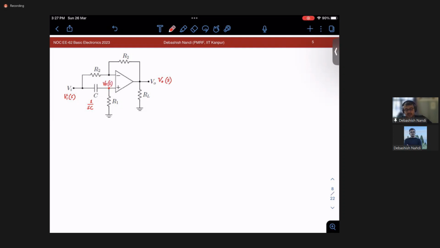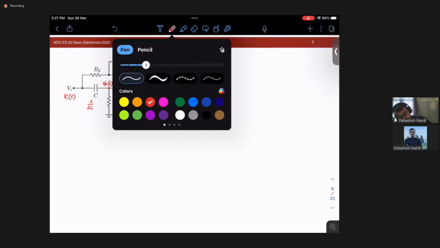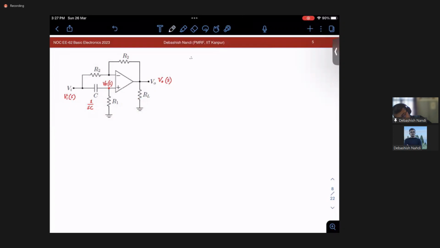I can write simply that Vx of S is R1 over R1 plus 1 over SC, simple voltage division. We will treat the elements as impedances and use the impedance division or voltage division formula. Simply this times Vi of S.